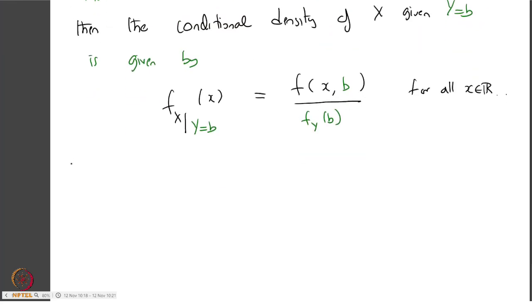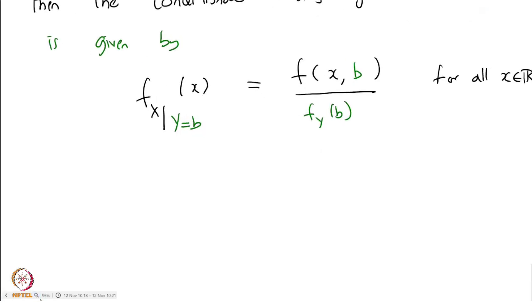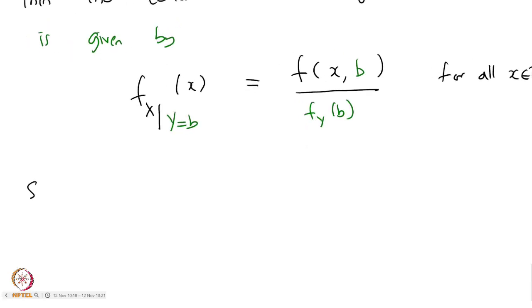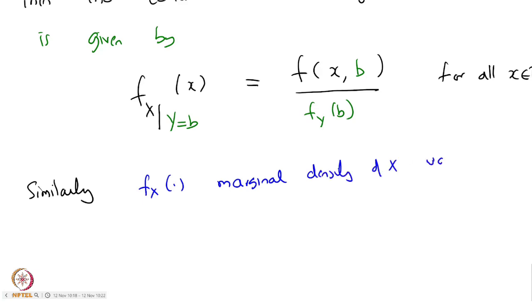So similarly, I'll write down. Suppose the marginal density f sub x of x was such that f sub x at the point a was positive and f sub x was continuous at a.